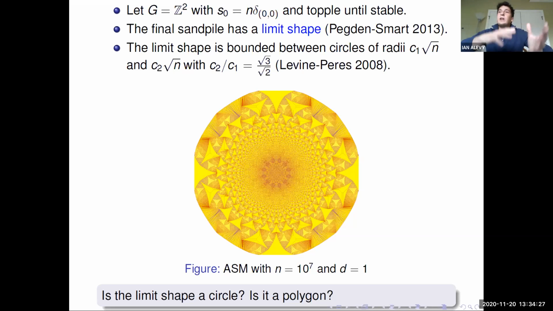A little bit earlier, in 2008, Levine and Peres gave estimates for the size of the limit shape. They showed that the limit shape is bounded between 2 circles, one of radius C1 square root of n and the other of radius C2 square root of n. But the ratio of these constants is larger than 1, so this doesn't tell us precisely what the limit shape is. It just gives us a bound.